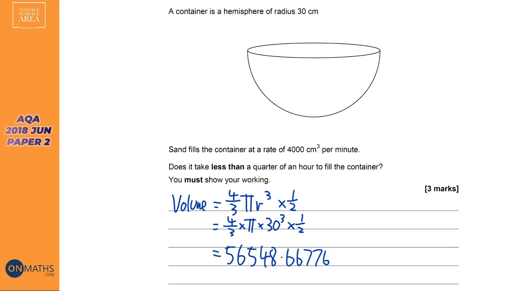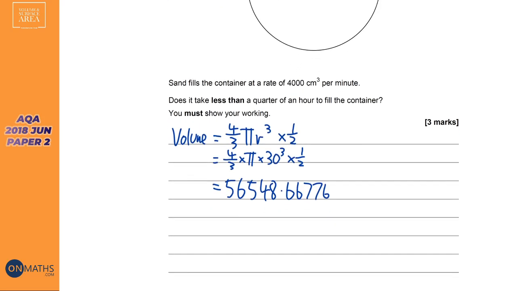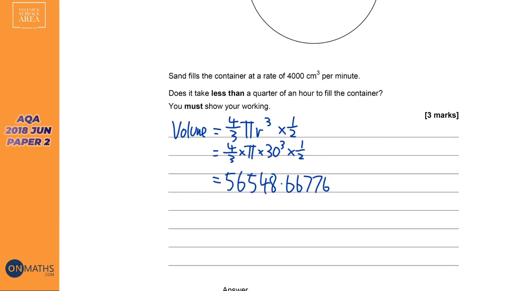So now we know the volume of this hemisphere, we've got to work out what the rest of the question's asking. It's saying that sand's going to fill that container at the rate of 4,000 centimetres cubed per minute. So the next thing we need to do is work out how much is filled after 1 minute.